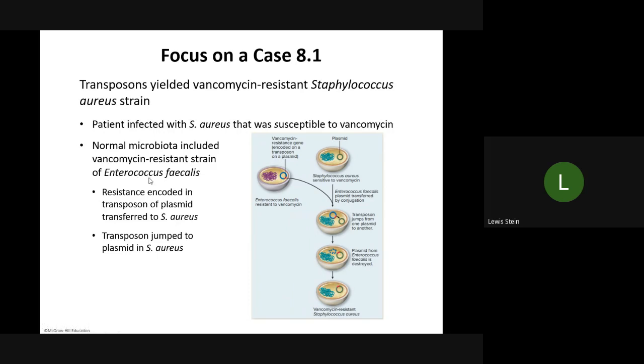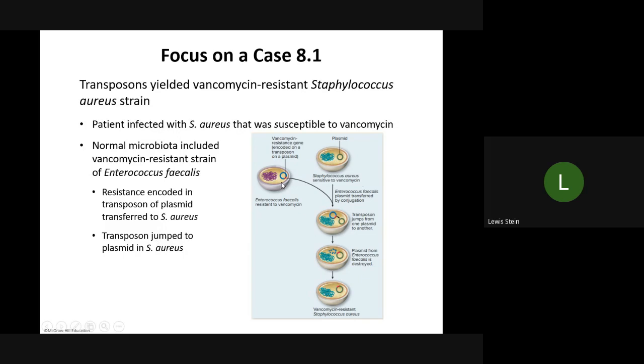Enterococcus faecalis is a cousin of Streptococcus. It used to be called Strep faecalis. It's a gut bacteria. And what happened was, eventually, when we used to use vanco excessively and orally, inappropriately, strains developed with resistance, and it became effectively on a plasmid, and then a transposon, as you will see, latched onto it.